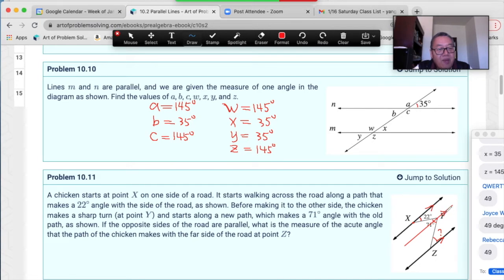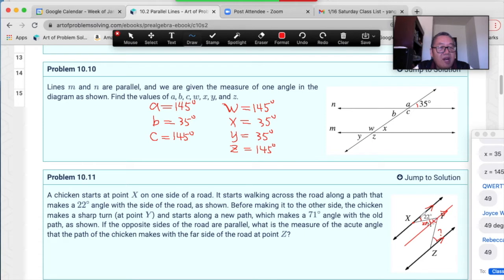I draw this line parallel with this line. Because these two lines are parallel to each other, after I draw this line parallel to one of them, it will definitely be parallel with the other one. Then this angle will equal this one. That means this angle will equal 22 degrees.